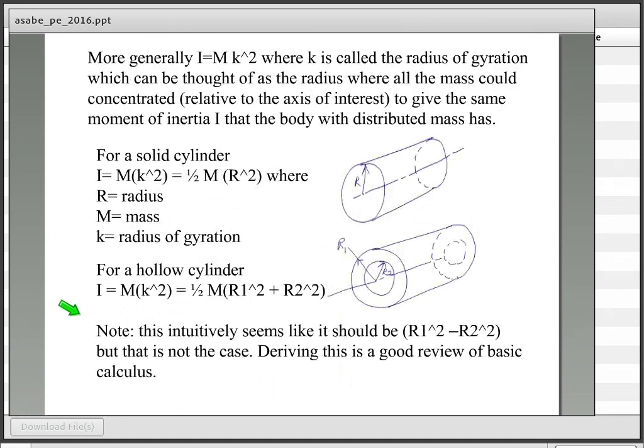Let's look at some basic equations related to mass moment of inertia.